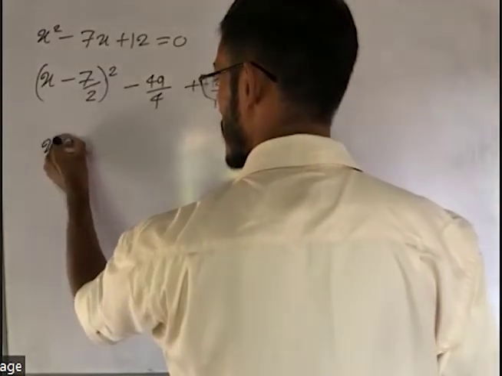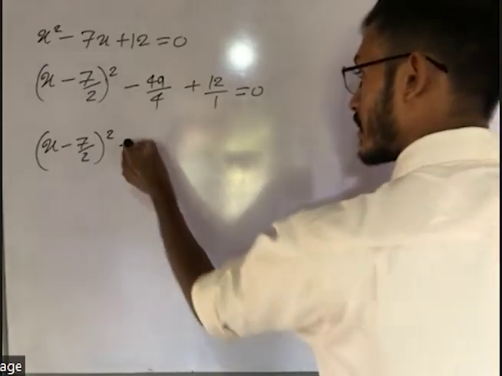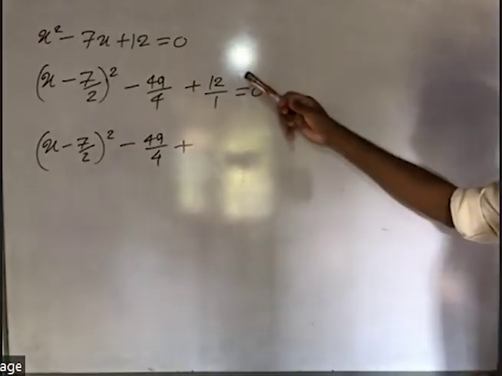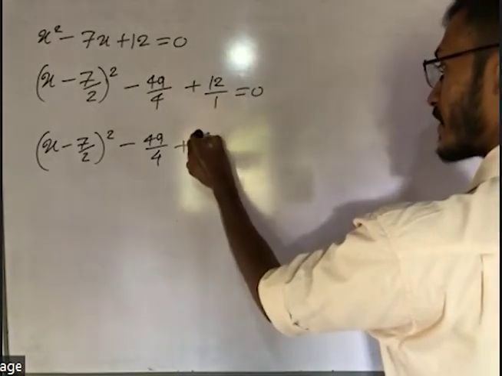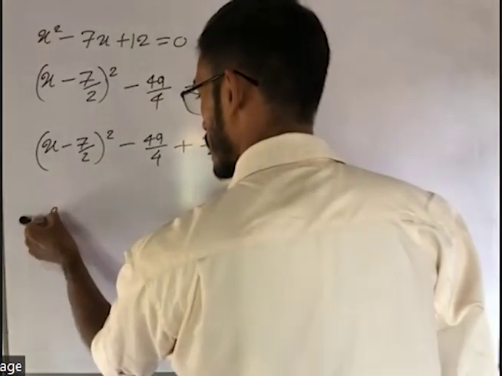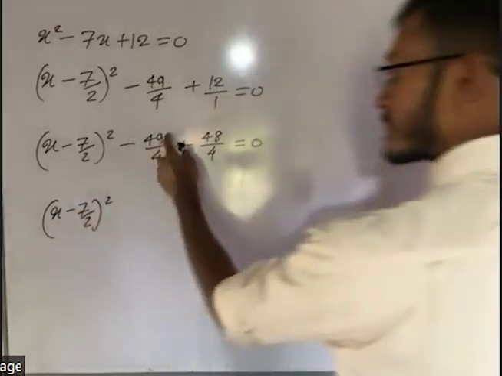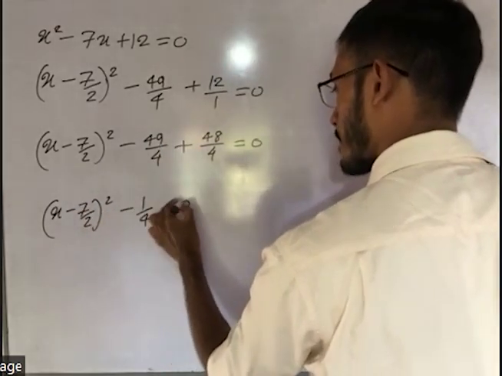Now simplify this: (x minus 7 over 2) square of the whole thing, minus 49 over 4, plus, multiply the numerator and denominator by 4, then 48 over 4, equals 0. Now (x minus 7 over 2) square of the whole thing, minus 49 plus 48, that means minus 1 over 4, equals 0.